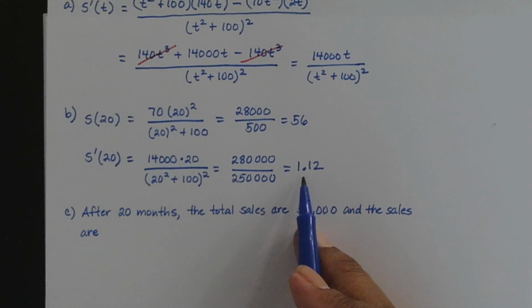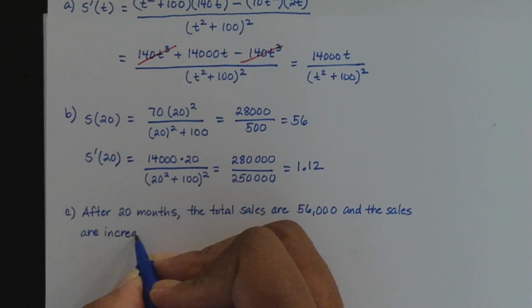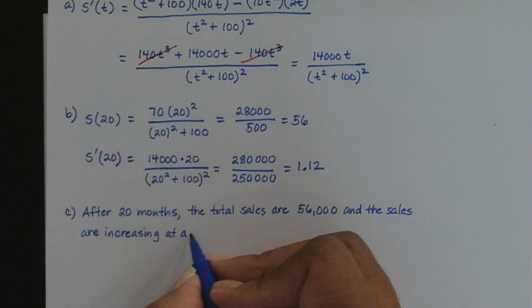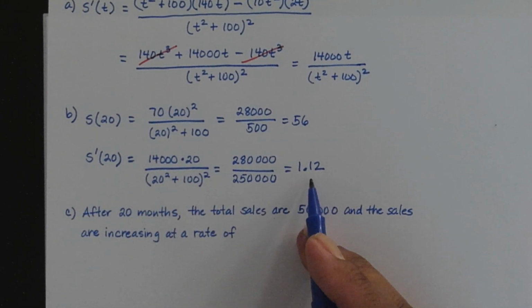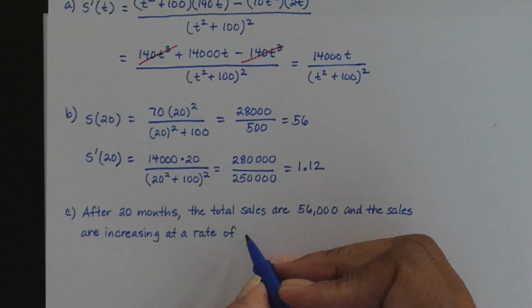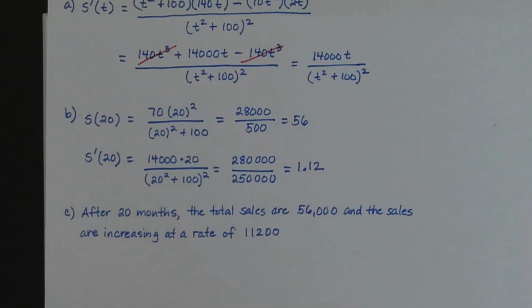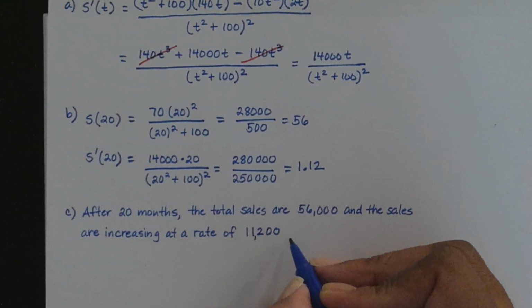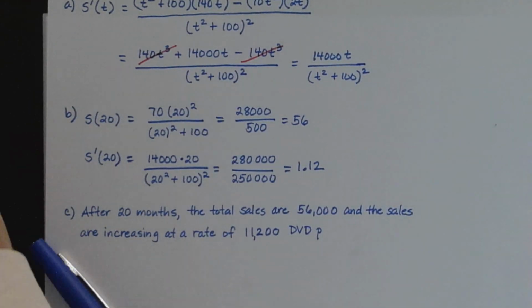It's positive, so that means it is increasing at a rate of, and this has to be multiplied by 1,000 as well.